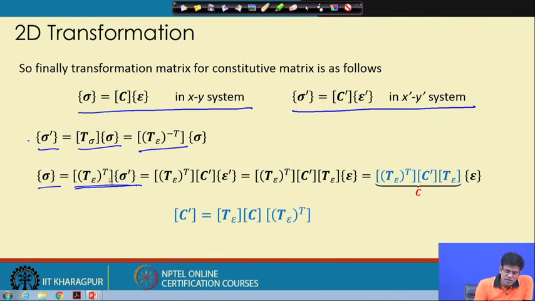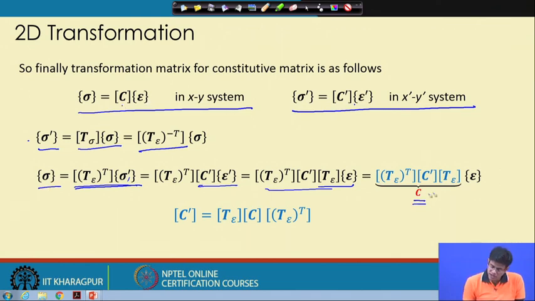So, now this sigma prime, again I can write C prime epsilon prime from this relation. So, this C prime epsilon prime, again epsilon prime I can write it T epsilon into epsilon. So, I transfer it to the non-prime coordinate system. Now, if you look carefully, this quantity which is in the second braces, this is actually the C, because sigma is essentially C into epsilon.